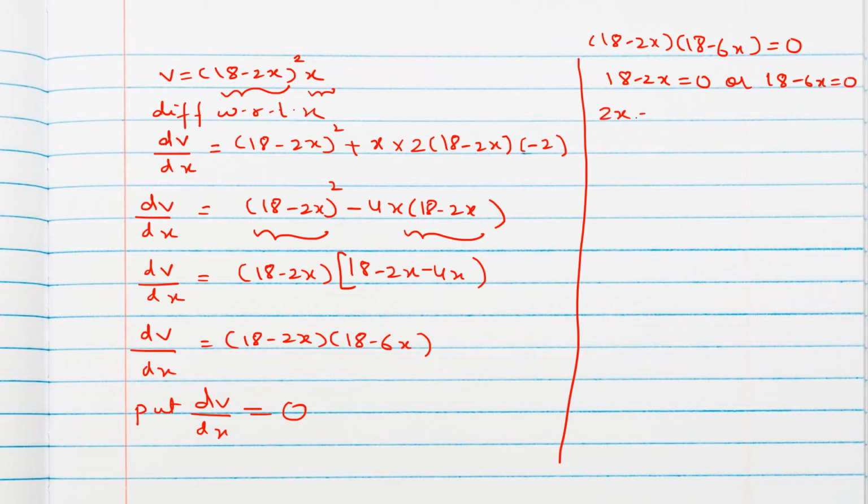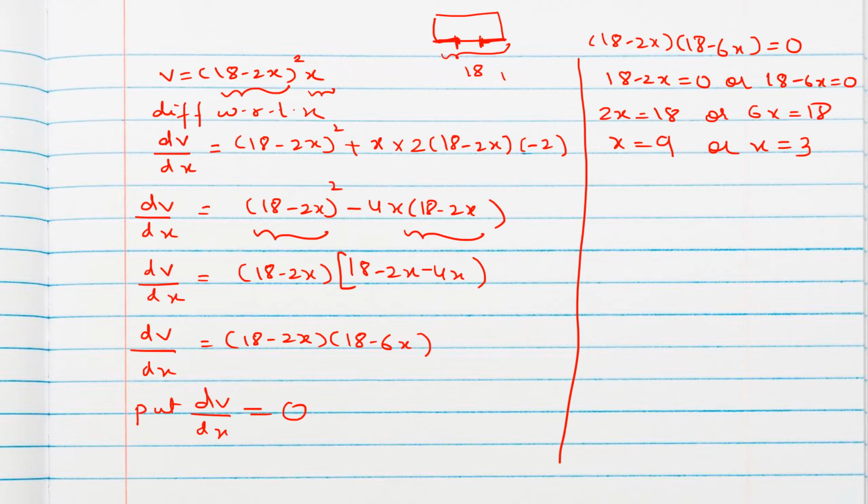So 2x equal to 18 or 6x equal to 18. So x equal to 9 or x equal to 3. Now only one value is possible. So here we can check. See, x centimeter we are cutting from the square, isn't it? So suppose x is 9. This total length is 18. 9 centimeter we should cut from this corner, 9 centimeters from this corner, means total 18 we are cutting.